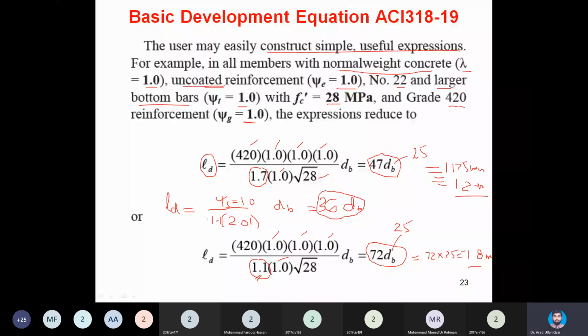So this is all about the tension development length of the straight bars.